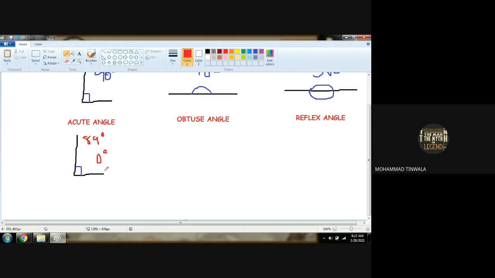Understood? This is 90-degree, but 89-degree. We can say that the angle which is forming between 0 and 90 is known as an acute angle. Did you understand or not?